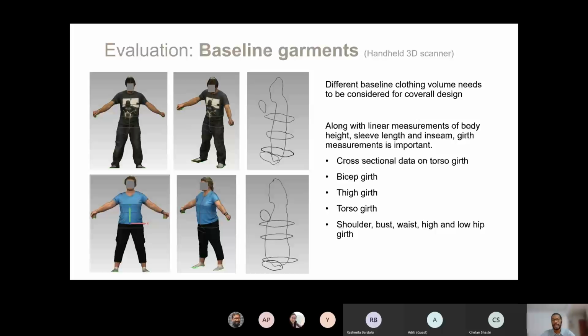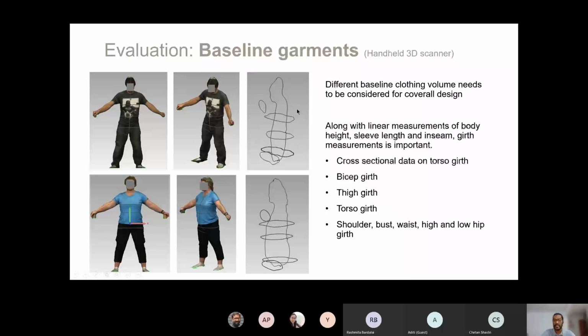Because these coveralls are worn over regular clothing, the cross-sectional measurements of the vertical torso, which is the measurement from the base of the neck at the front, going below the crotch and coming all the way back to the neck at the back, are really important for the male and the female individual, and should be included in the measurement chart.